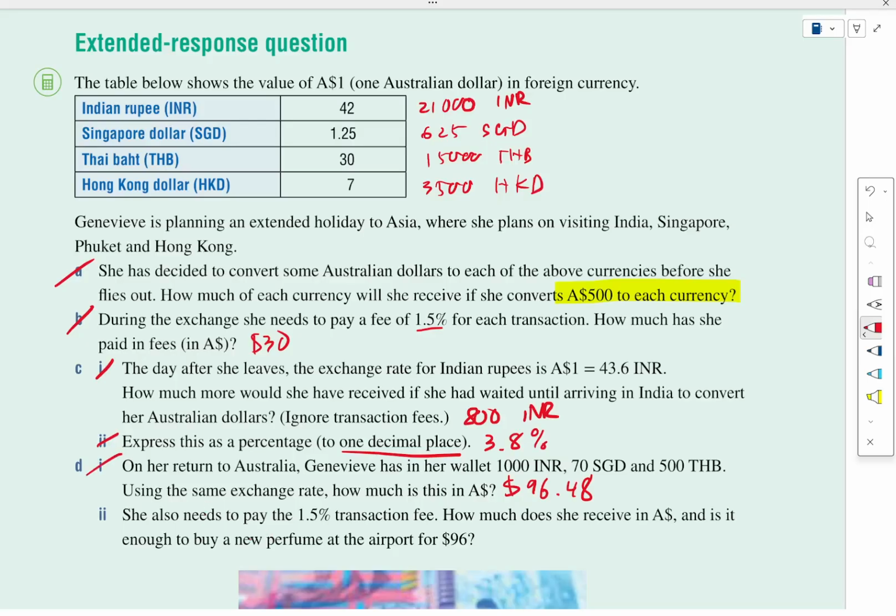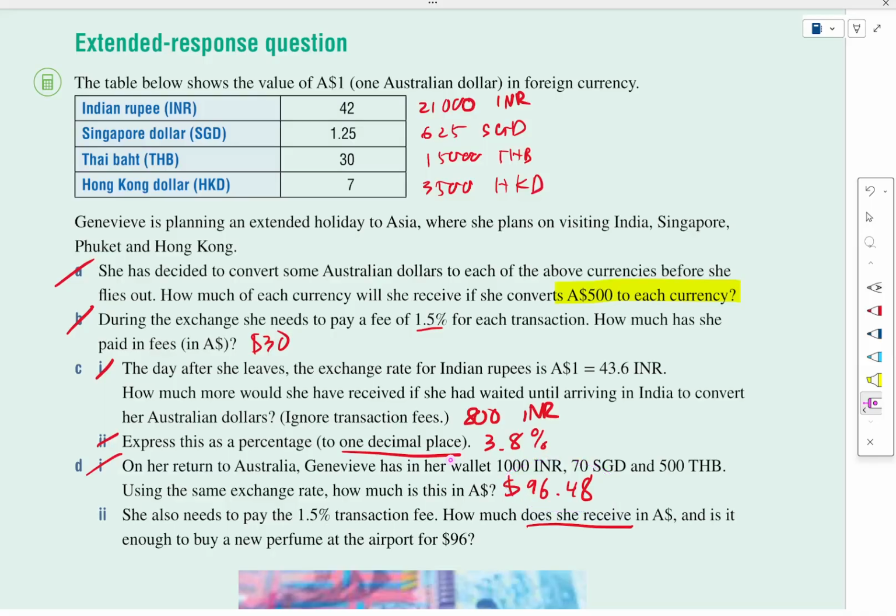Now, last one. How much does she receive in AUD finally, and is it enough to buy a new coffee? Accounting for transaction fee as well. What do you think we do here? So the transaction fee is on the amount that she received.